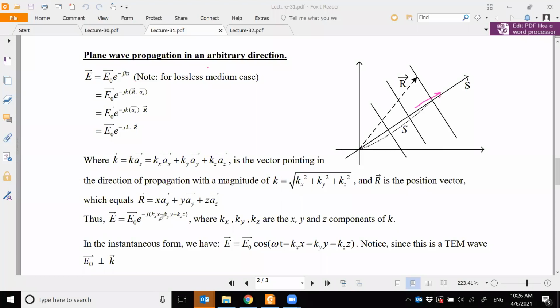My electric field E naught bar can have only an x component, or only a y component, or an x plus y component. We don't know. But till now, for simplification, we always used only one component of electric field. Remember, that component of electric field will always be perpendicular to this direction k bar.